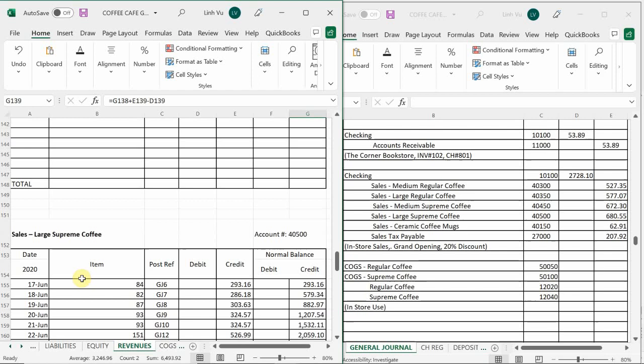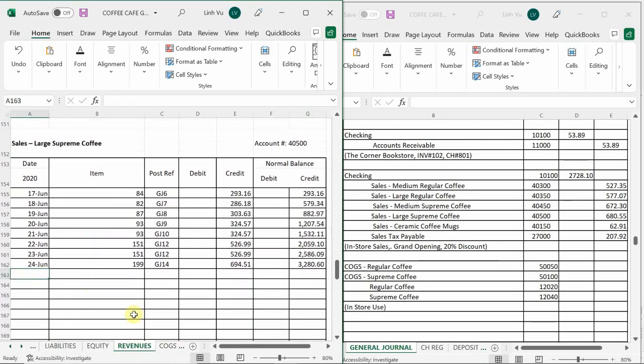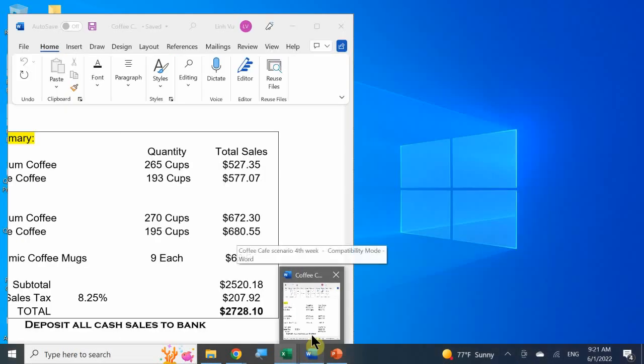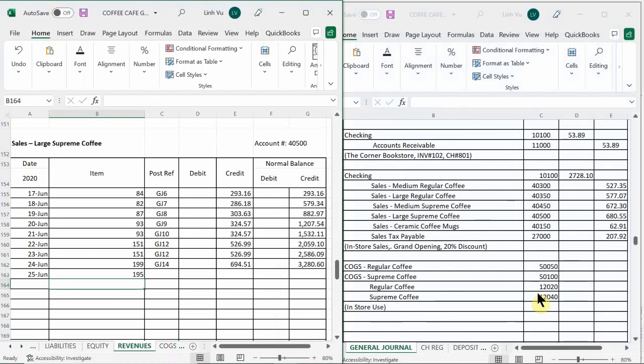Next one is going to be our large supreme cups. How many cups did we sell? We sold 195 cups, which gave me a grand total of $680.55. And that should increase your account to $3,961.15.